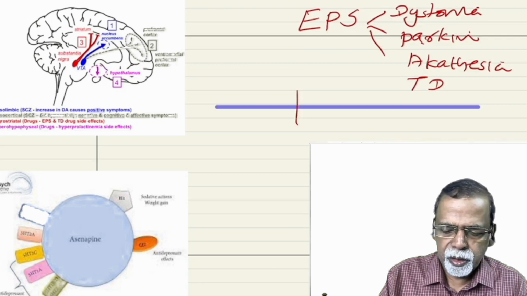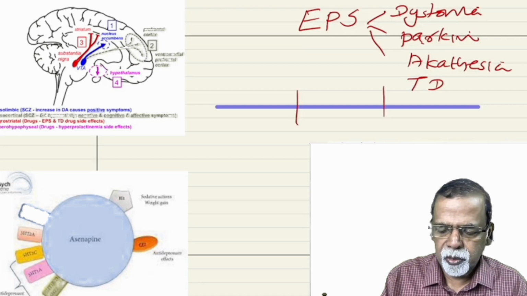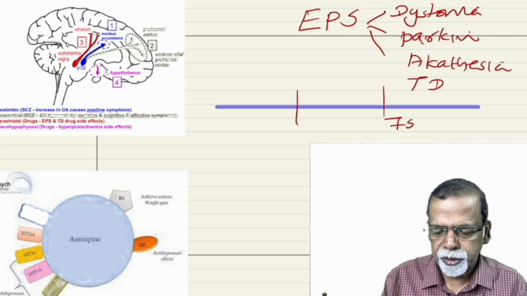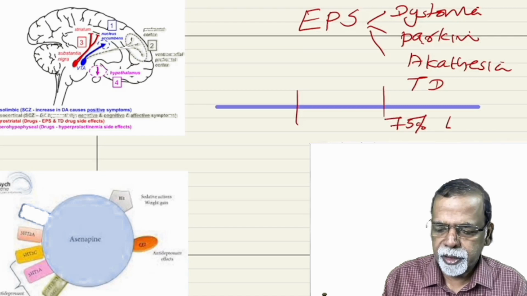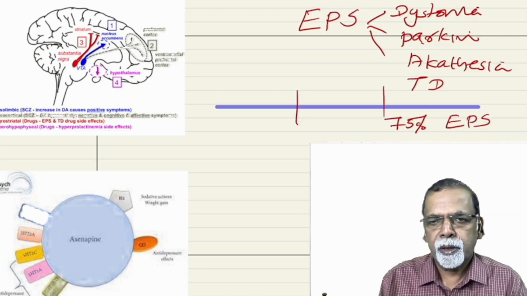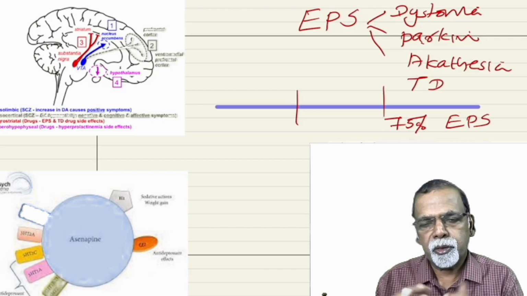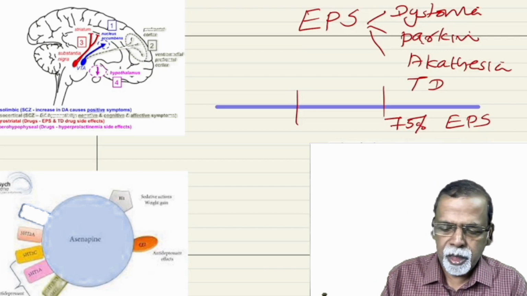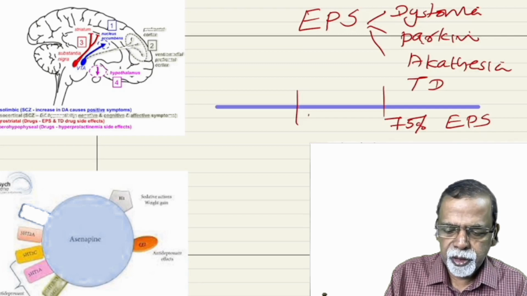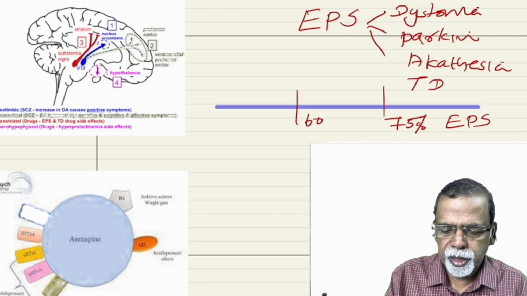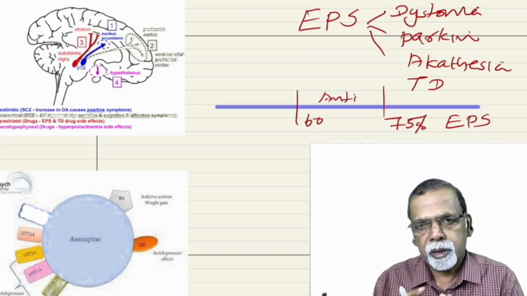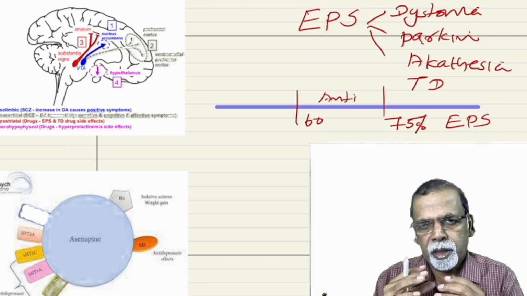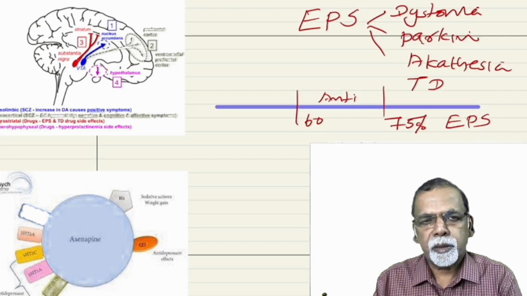Only when the dopamine receptors are blocked more than 75%, you get extrapyramidal reaction. So extrapyramidal syndromes develop when more than 75% of the D2 receptors are blocked. Between 60 to 75%, you get antipsychotic action. So depending upon the amount of blockage, you get the extrapyramidal syndrome.